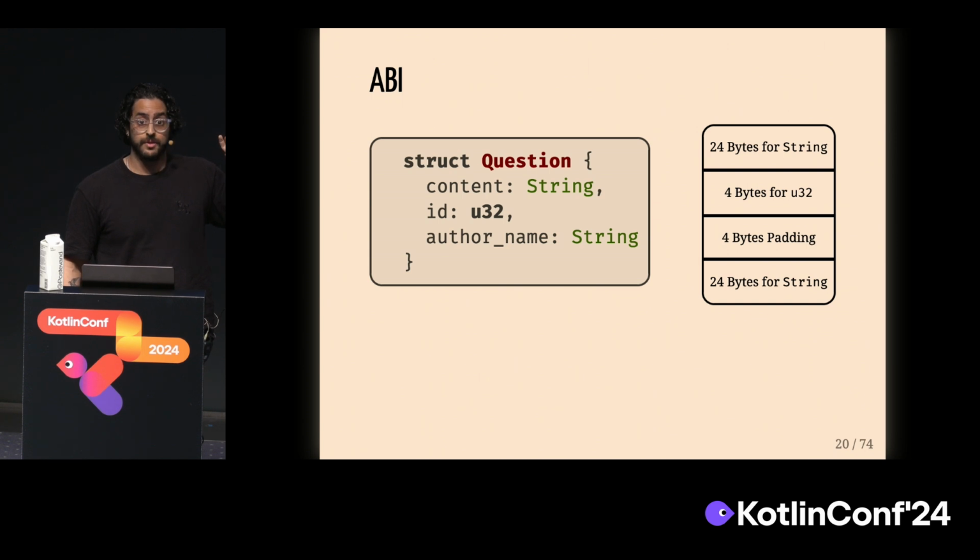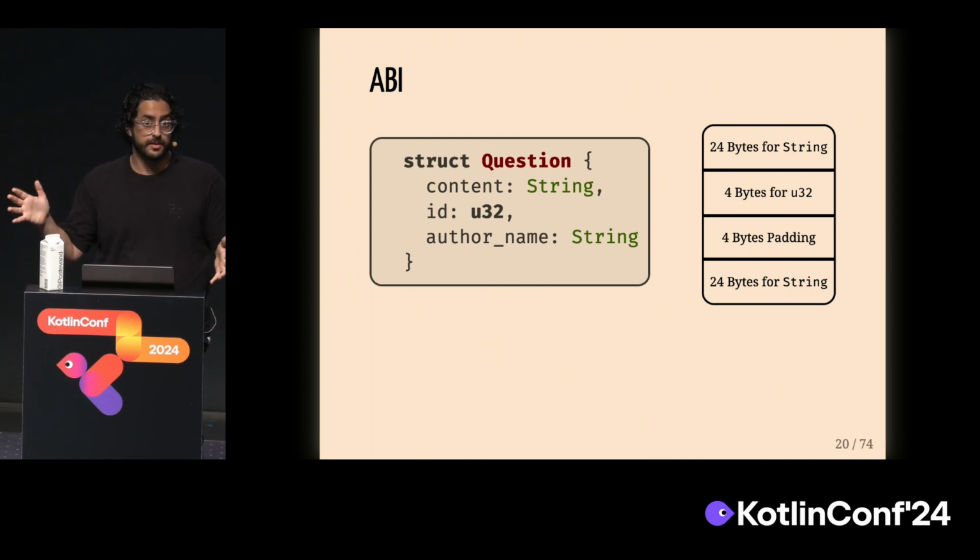And then you have 4 bytes of padding. Anyone who remembers their systems courses, or anybody who works with this on a daily basis, knows that this is for alignment, but really performance. I think machines do well when they know how to read and write memory in easy ways. And then you have your 24 bytes for the other string.